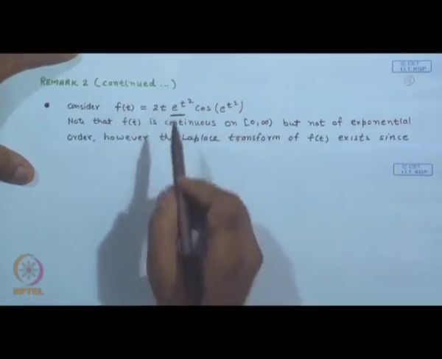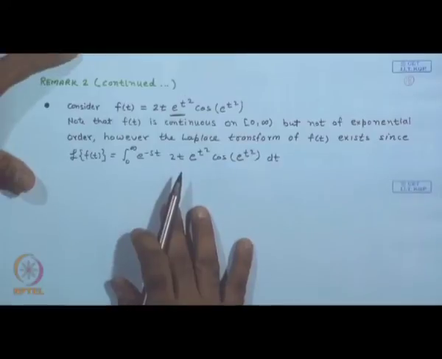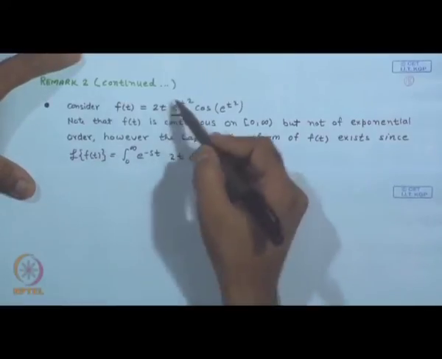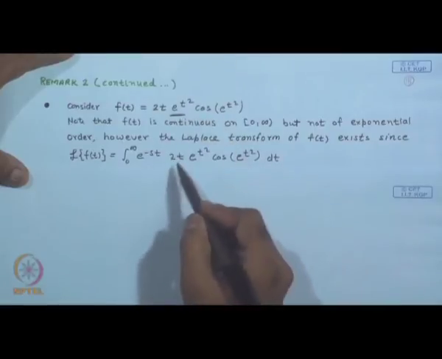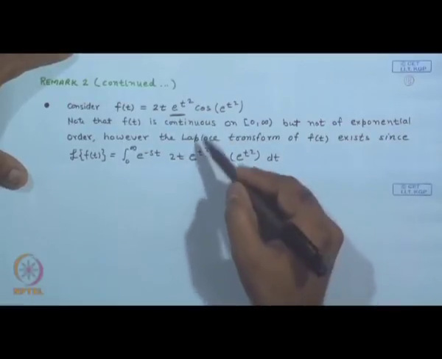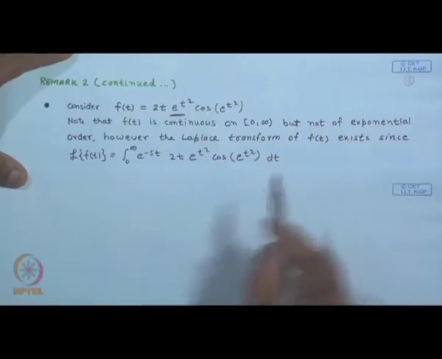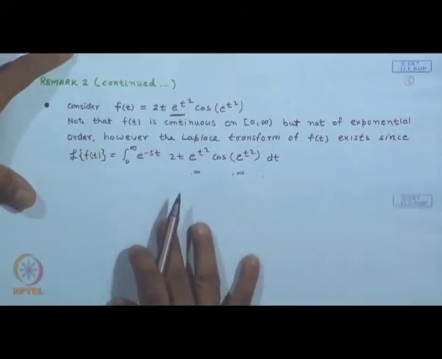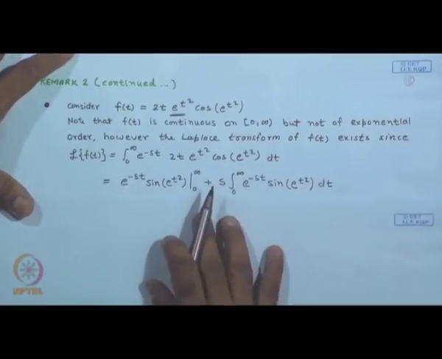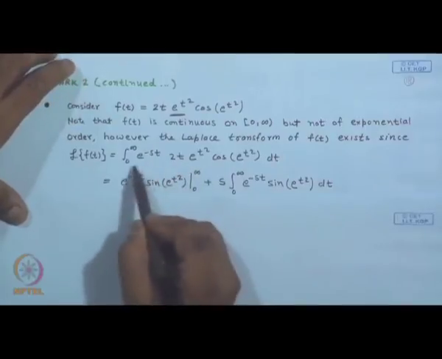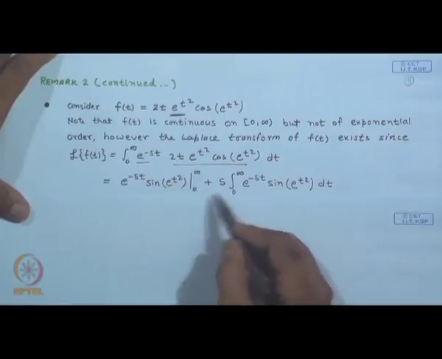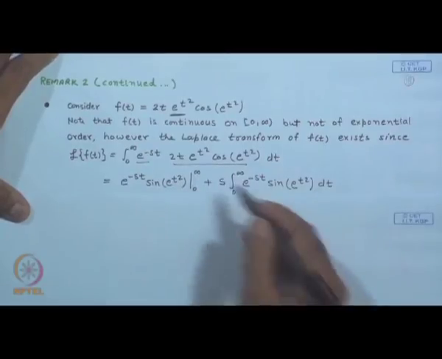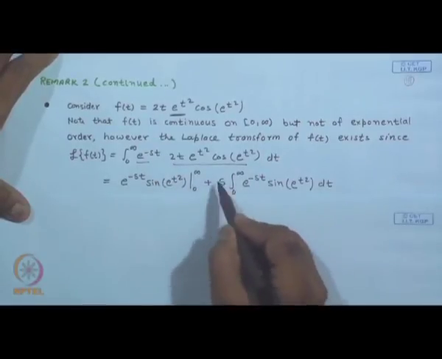However, the Laplace transform of this function exists, because as per the definition we have the integral from 0 to infinity of e power minus s t times 2t e power t square cos e power t square dt, and then we integrate by parts. So, we have e power minus s t and the integral of this, sin e power t square, and then the differentiation of e power minus s t will give us minus s.